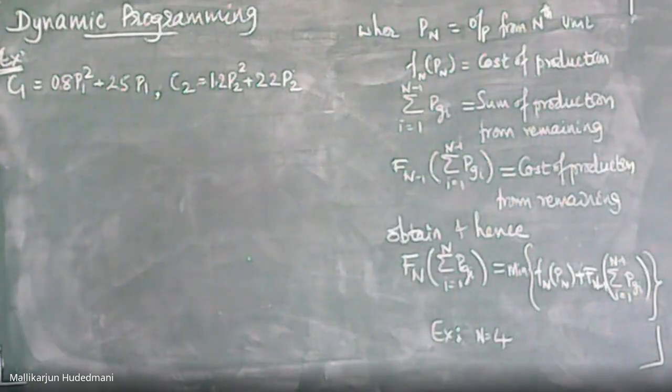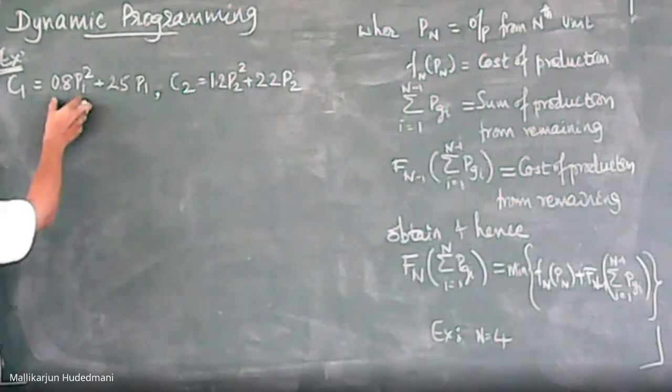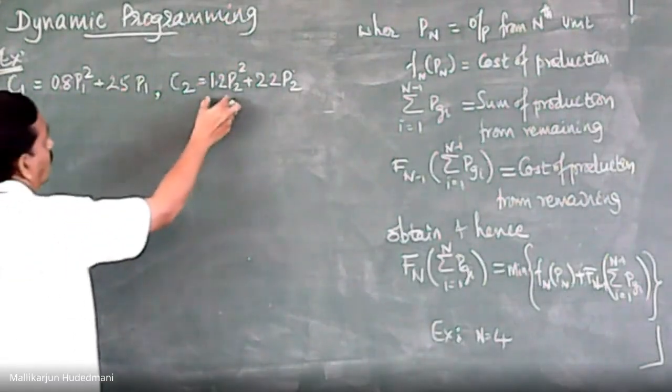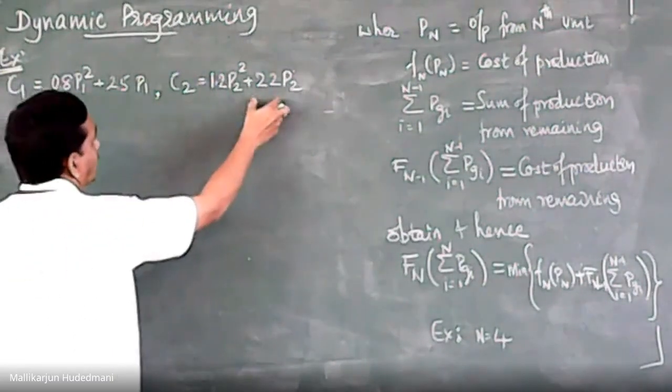Two machines with the incremental fuel cost: 0.8 P1 square, 25 P1; 1.2 P2 square, 22 P2.